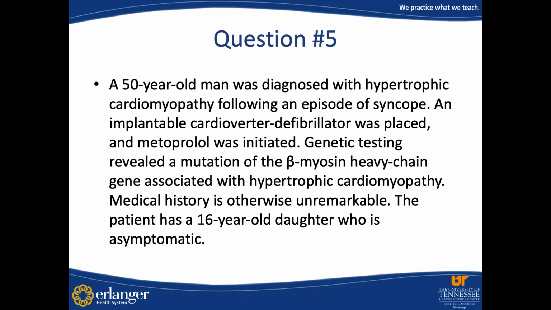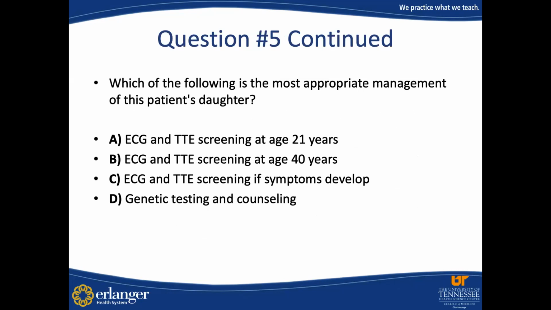So his medical history otherwise is unremarkable. He has a 16-year-old daughter who is asymptomatic. So which of the following is the most appropriate management for this patient's daughter? So do you want to get an ECG and echo screening at 21? Do you want to get an ECG and echo screening at 40? Do you want an ECG and screening if symptoms develop, or do you want to do genetic testing and counseling now?